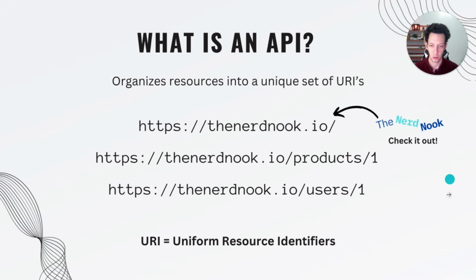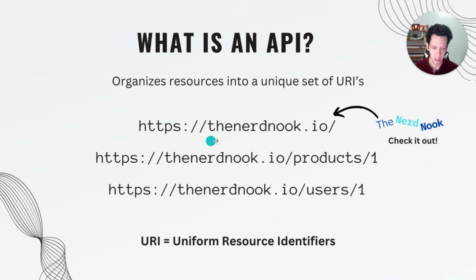We know URLs. So an API organizes resources into a unique set of URIs. A URI is a uniform resource identifier. So each of these, we would think, these are URLs, right? Well, kind of, that's true. Notice we start with the first URL, which is, once again, a URI.